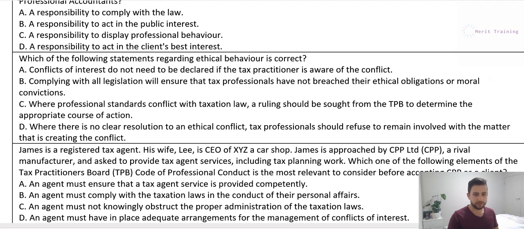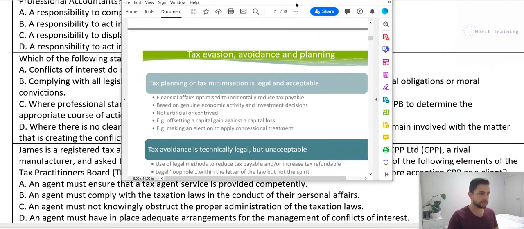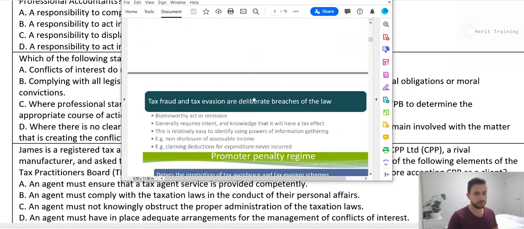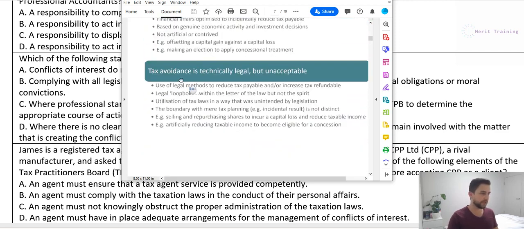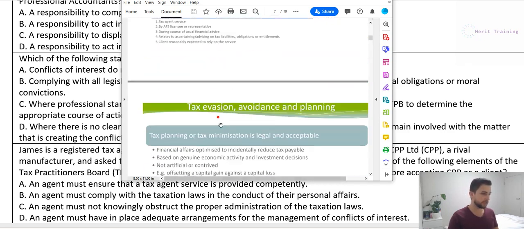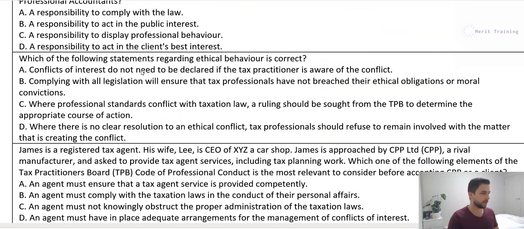We can derive that from tax evasion versus tax avoidance versus tax fraud as a great example, because tax avoidance is technically legal but morally unethical. This one's illegal and unethical, whereas this one is legal and ethical. So B is clearly incorrect because of the concept that ethics and legality are two different categories.